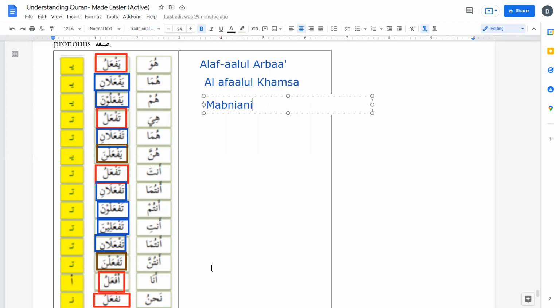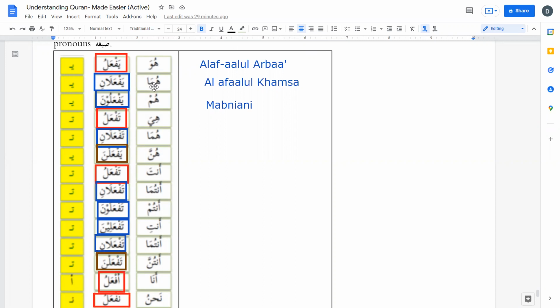So that's how we have the present form conjugation, which is called sarf kabir, present tense conjugation, and that's how we have different beginnings, which are the symbol of mudare, and the ending also.